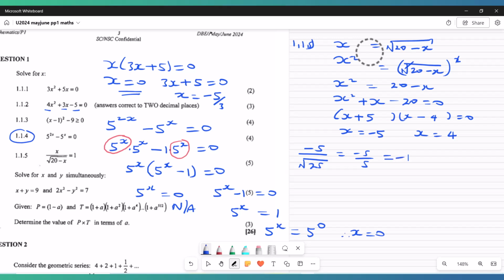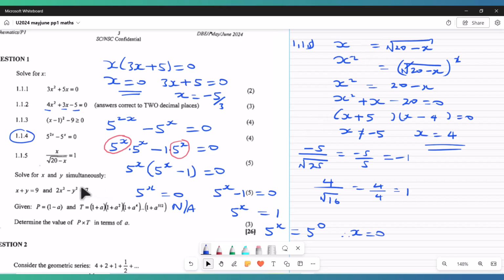But this side, because we have positive 1, it means that our answer is not equal to negative 5. So what about with a 4? We put a 4 here. 20 minus 4 is 16, and square root of 16 is 4. So 4 divided by 4 gives us 1. So we take this answer here. Hope we are together. Don't forget always to check which of the alternatives works best for the given question.